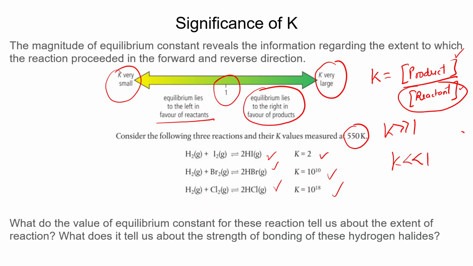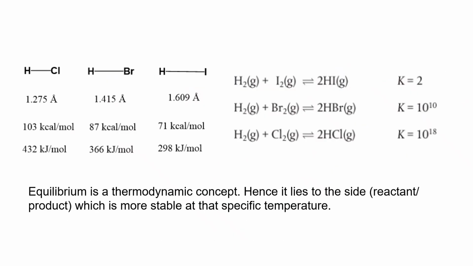So I want you to think for a minute, what do these values indicate about the extent of the reaction? And using the data booklet, can you relate the equilibrium constant values with the bond strength of these hydrogen halides? You may just pause the video here for a minute and then proceed ahead to verify your answers.